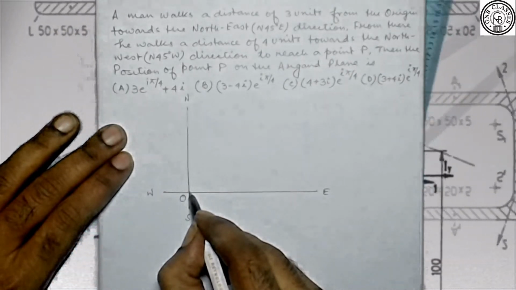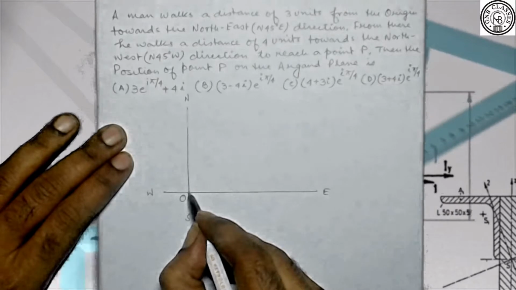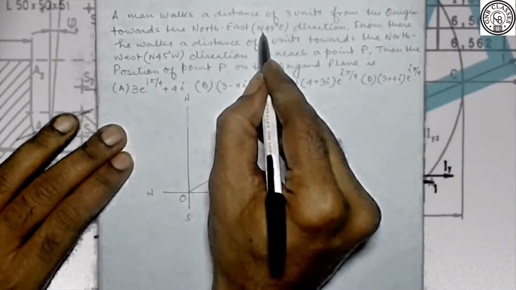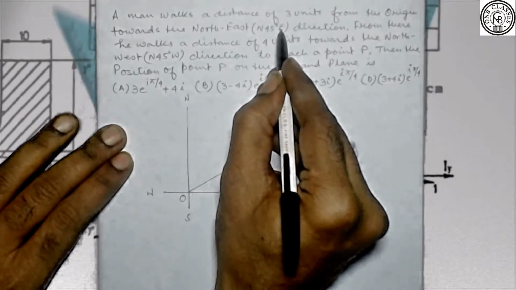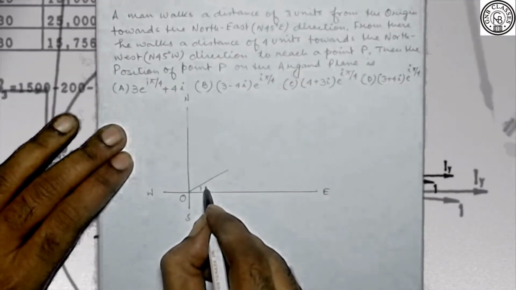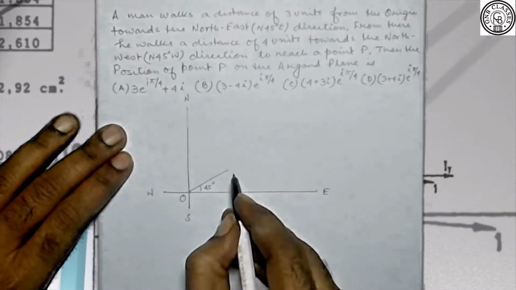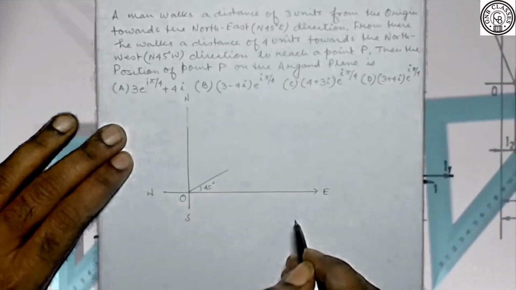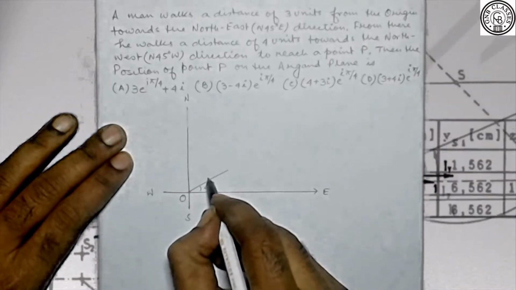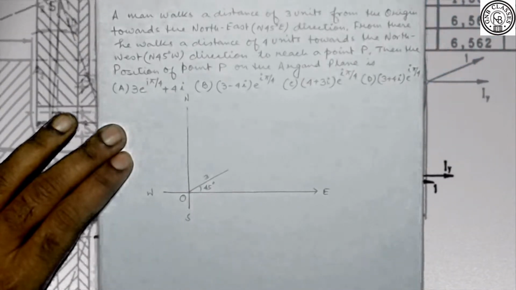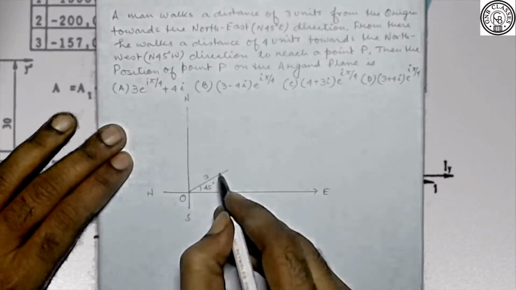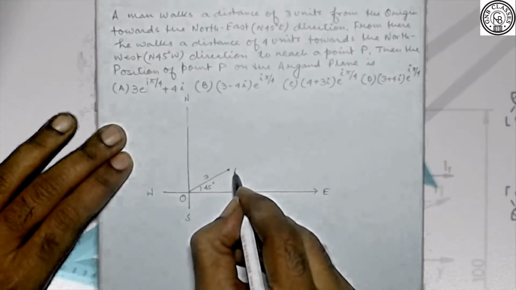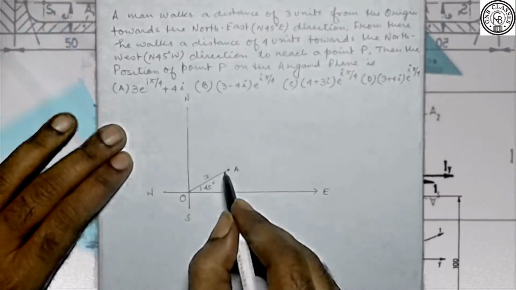North 45 degree east means it is making an angle of 45 degrees with the east direction, that is, in this case with the x-axis. So this length is 3 units. Now the man comes here. Let us denote this point as A. This is the first position of the man.